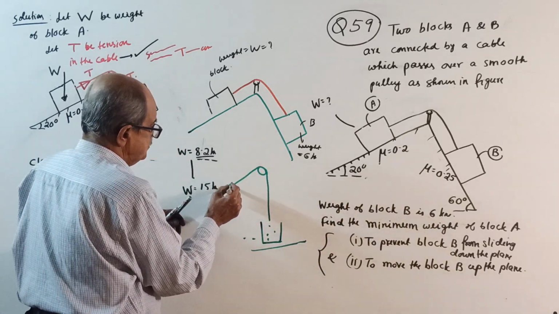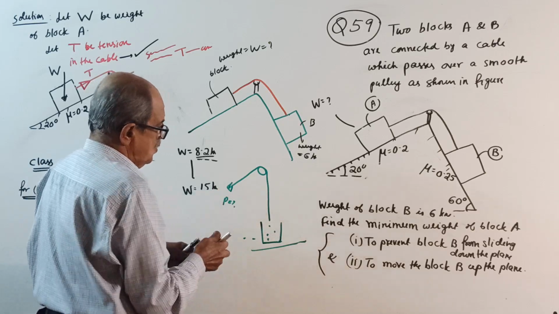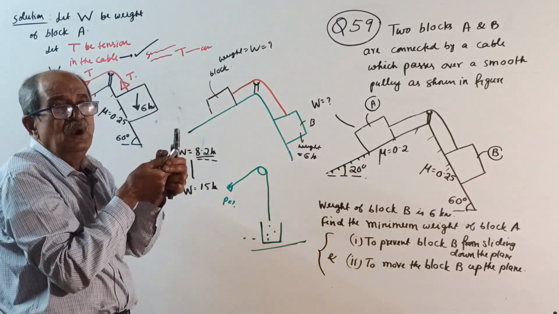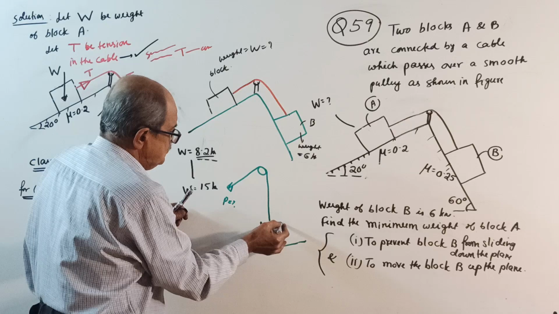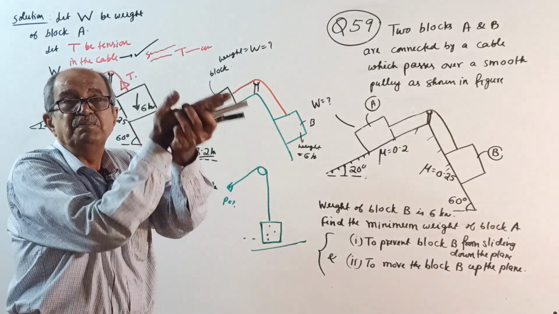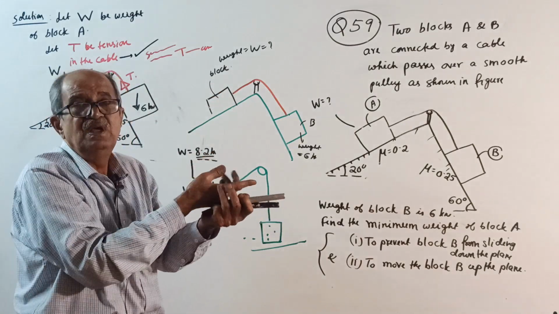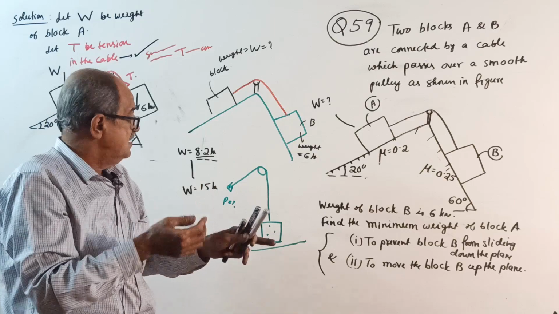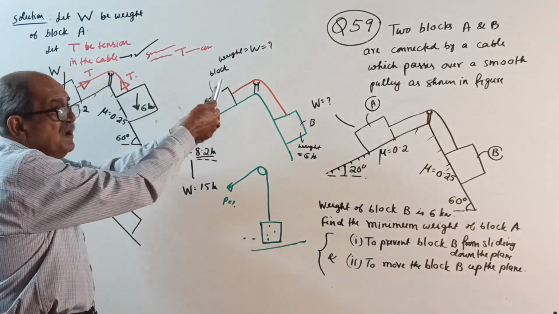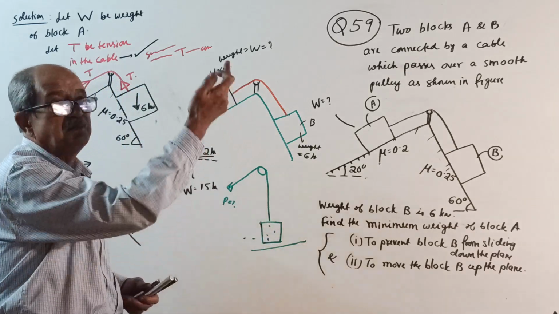This is the force P. As you pull this way, at one particular weight, this is on the verge of coming up. It is the reverse actually now. On the verge of coming up means it wants to go down. If you increase the weight, finally it will start moving up.